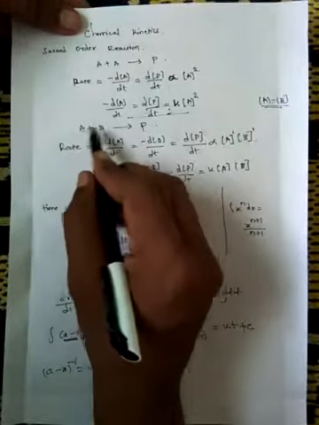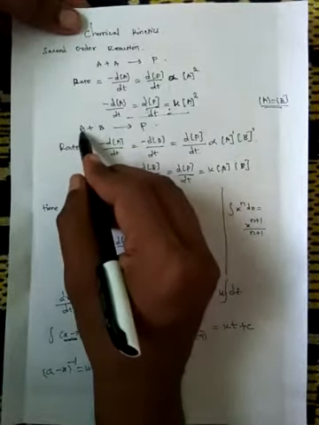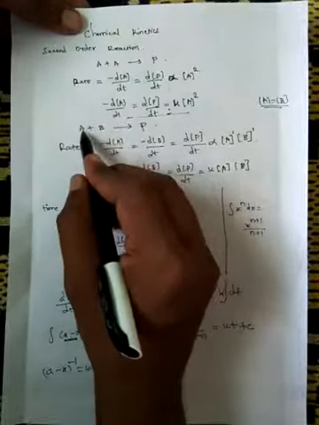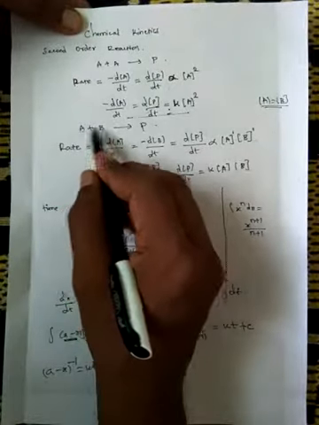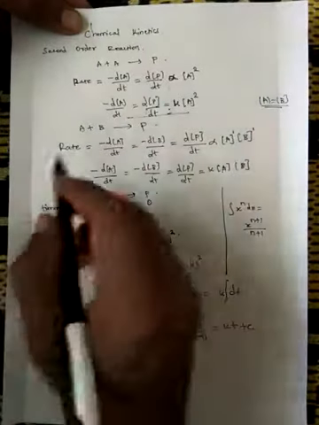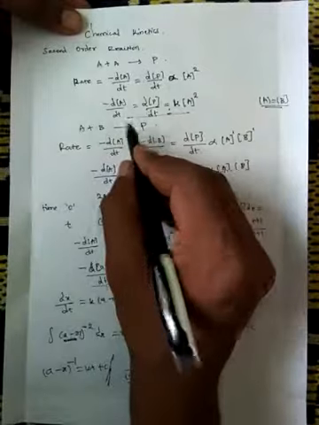The concentration of A and B will not be the same at any time. So the reactant concentrations will be different, and also they are not the same reactant, they are different reactants. So I'm going to derive a rate constant expression for this type of reaction.